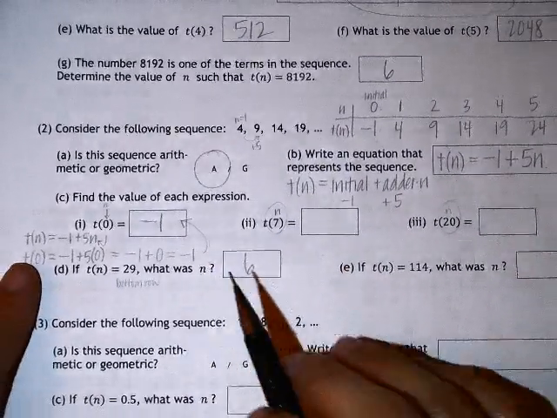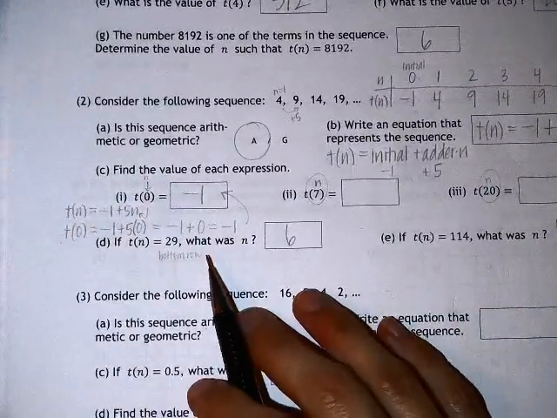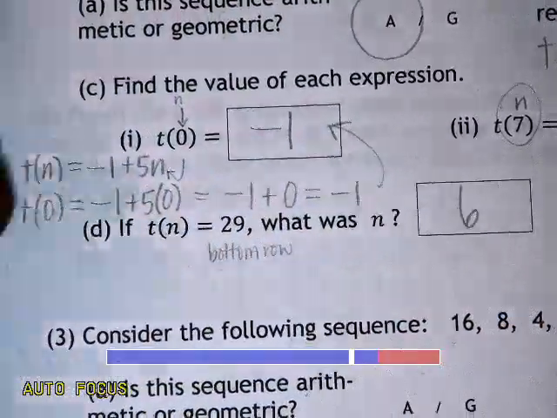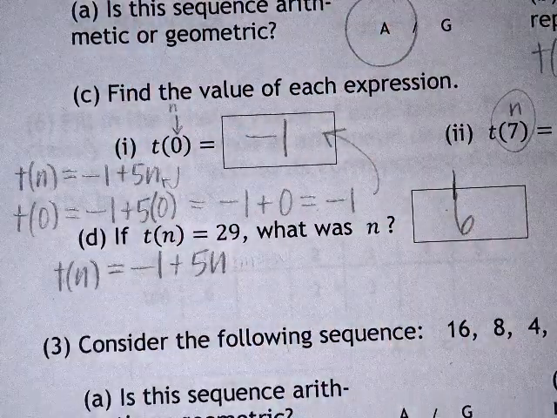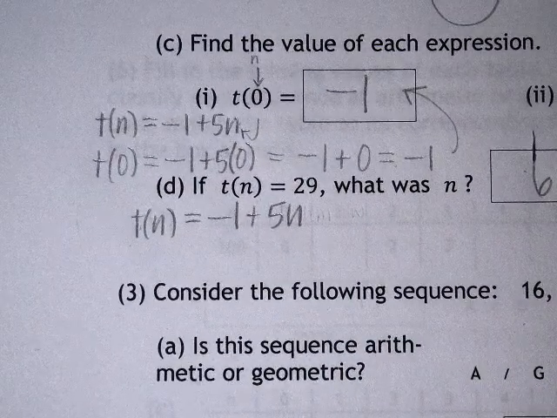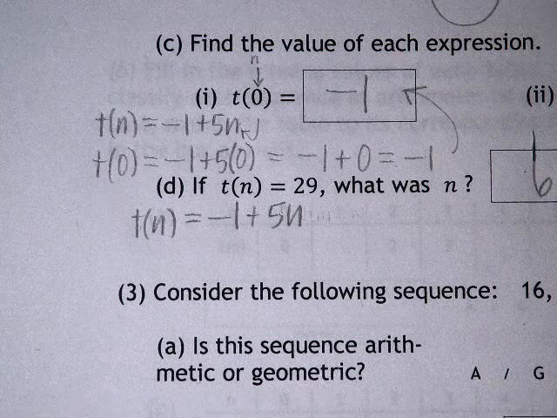Now, other people are still thinking about the equation, which I think is a great idea. You could use the equation for this as well, if you want to. If you wanted to use the equation, and I'm going to copy out my equation again, t of n equals -1 plus 5n, that's my answer from the previous question, you could make a substitution. If you're not sure what I mean, think about this for a second.